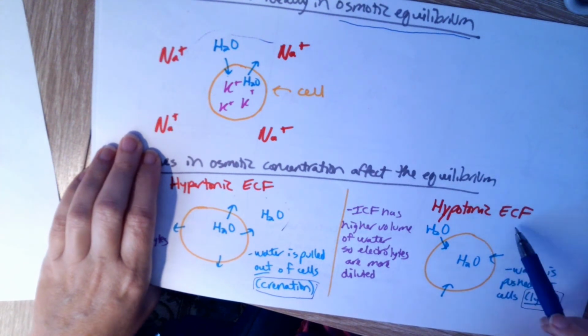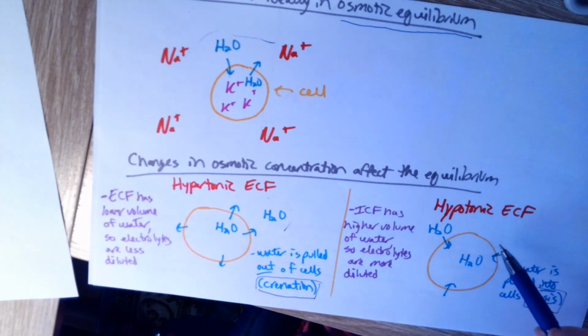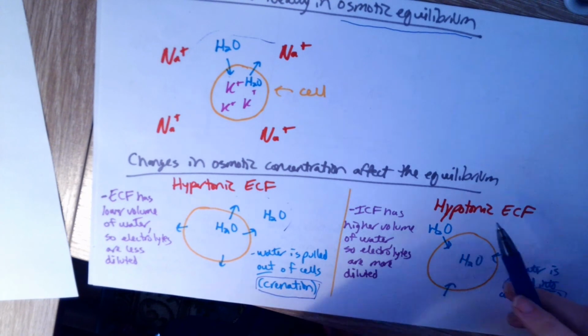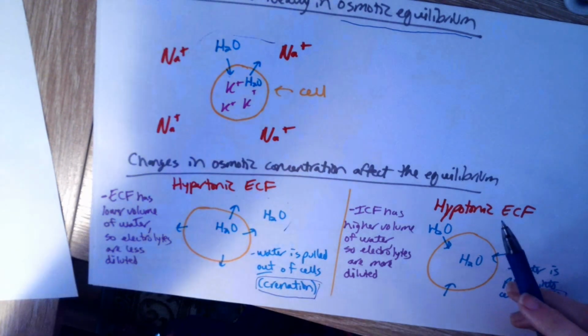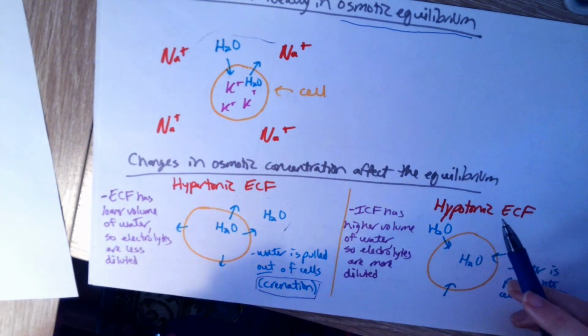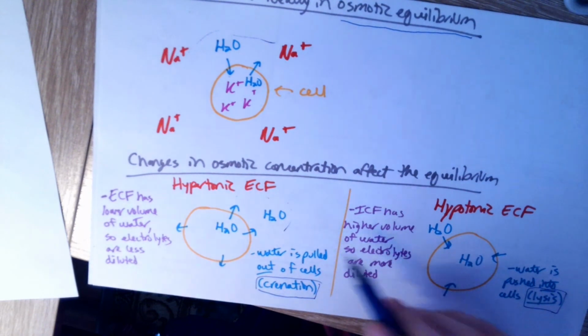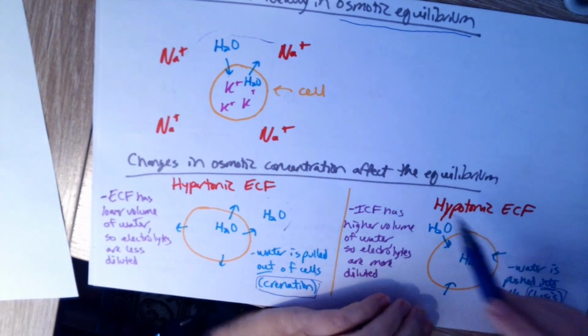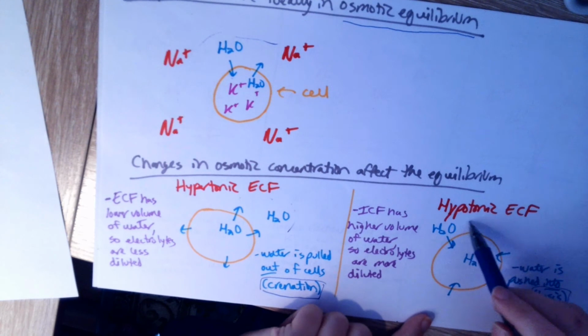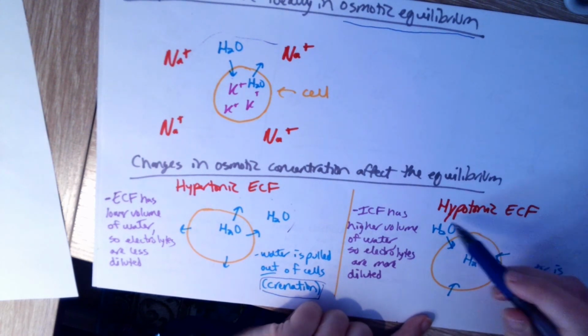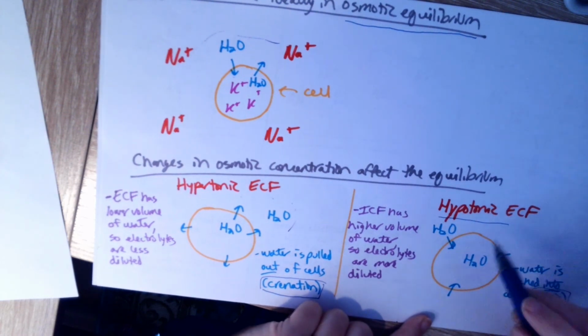So how would you become hypotonic in your extracellular fluid? Drinking a lot of water. So lots and lots of water. Your kidneys are very good at handling water that you're drinking, trying to keep you in osmotic equilibrium, so preventing either one of these. But if you were to drink a lot of water in a very short amount of time, you could end up with something called water intoxication, which is just this.